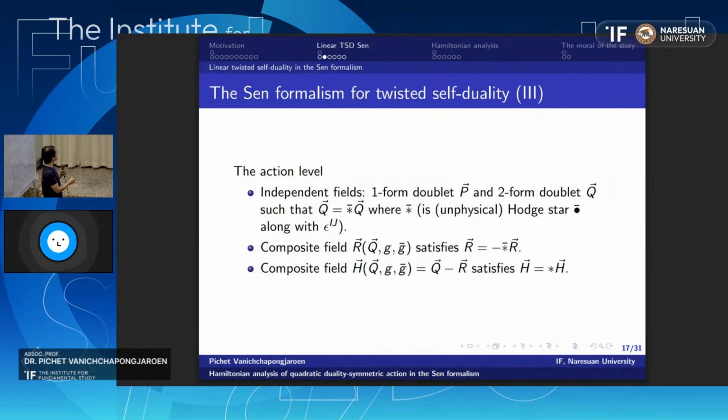And we have got the composite field R, constructed out of Q and G bar, which satisfies the anti-twisted self-duality. And then we have got the composite field H, which is equal to Q minus R, satisfying the twisted self-duality condition in the physical sector.